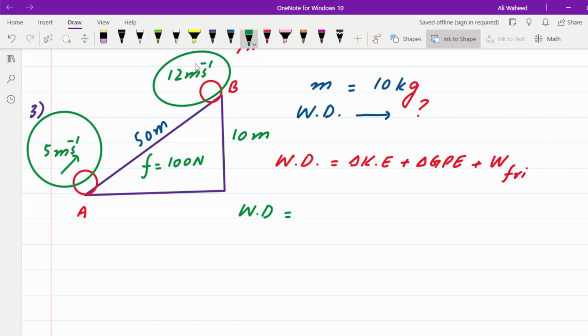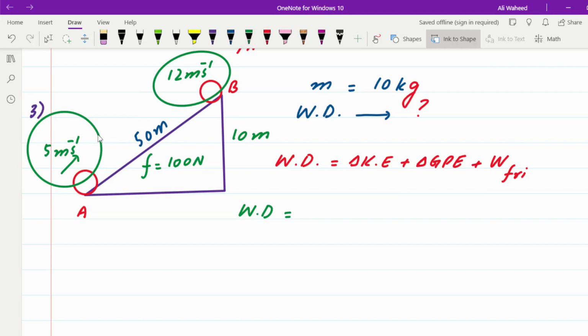Generally, for the final one, which is greater, we write the kinetic energy at that point first, and then we write the kinetic energy at the point A, which is smaller, the initial kinetic energy. Then we subtract these two. Now you have two options. Either you find the change in kinetic energy manually, at different points, or you can directly find the change in kinetic energy.